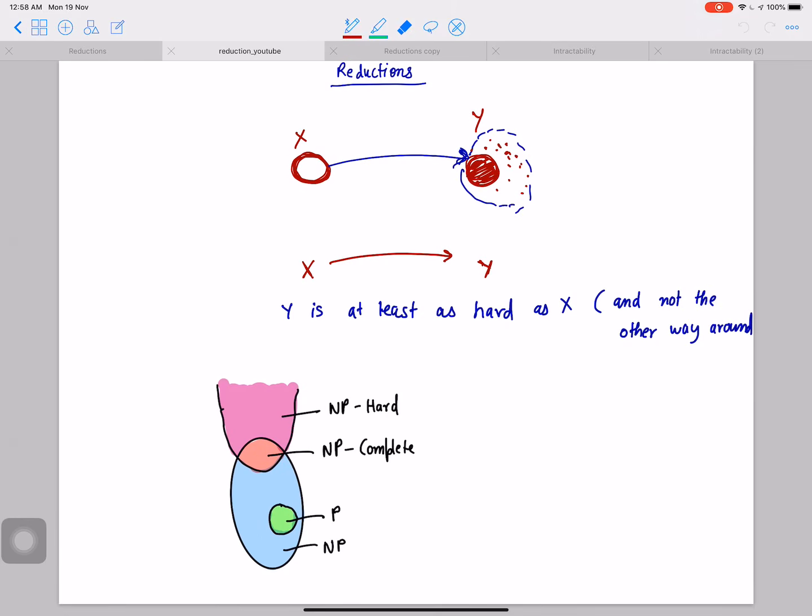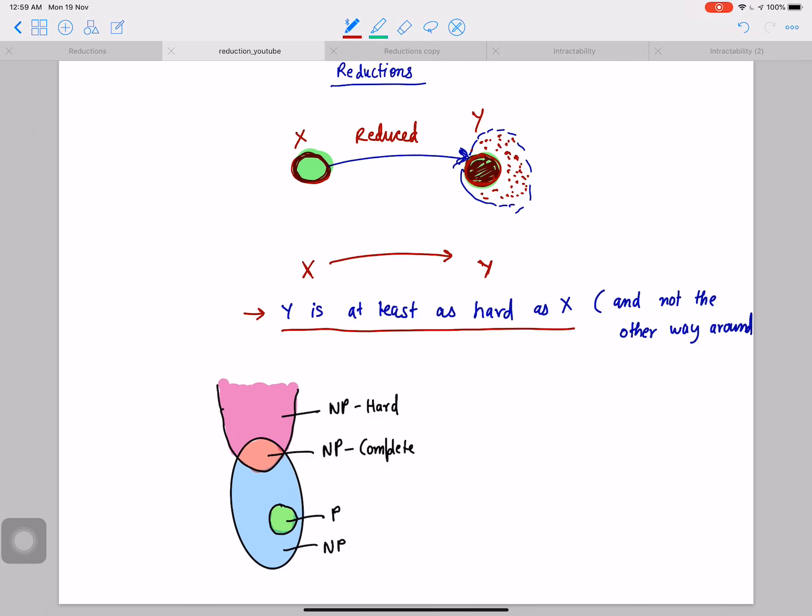If I say that X reduces to Y, I can say that Y is at least as hard as X. I cannot make the statement the other way around, because you can imagine that X maps to some portions of Y, but there are still other instances of Y which might not be derived from X. We don't know anything about those portions, so we can only say that the portions of Y which are equivalent to X are at least as hard as X. Y has more things, so Y can be even harder, so we can only say that Y is at least as hard as X.